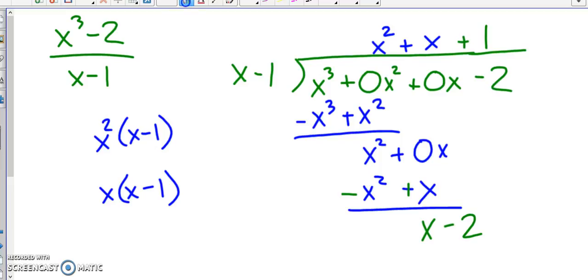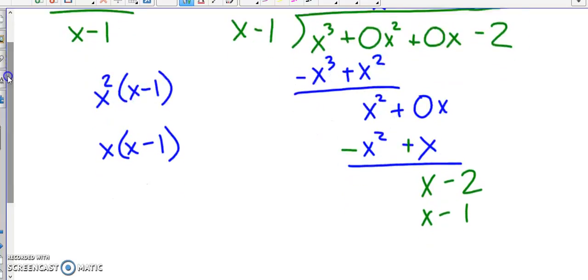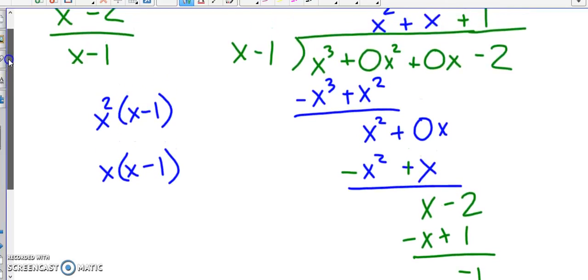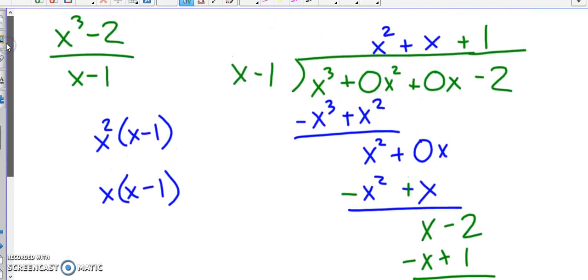Oh, I got this minus 2 here. 1 times x minus 1 is just going to be x minus 1. So at that point, change the signs, I get negative 1. At this point, that would be my remainder, so I could put plus negative 1 over x minus 1.